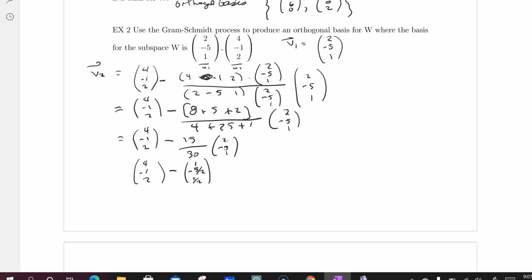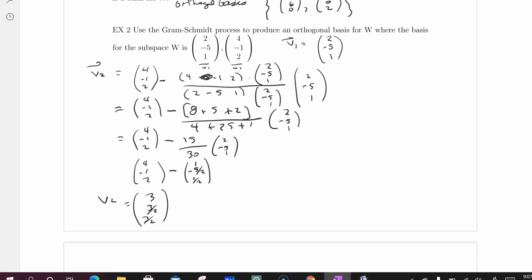There we go. Okay, so then subtracting those two. So I get 4 minus 1, so that gives me 3. Negative 1 plus 5/2, so that gives me a 3/2, and 2 minus 1/2 gives me a 3/2 as well. Okay, so there it is.